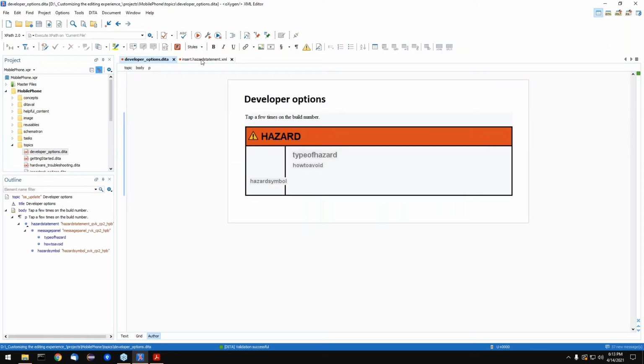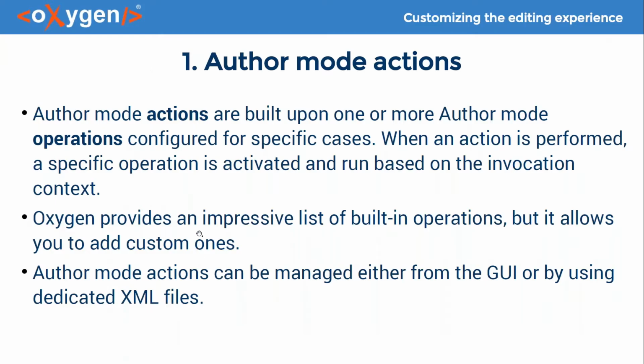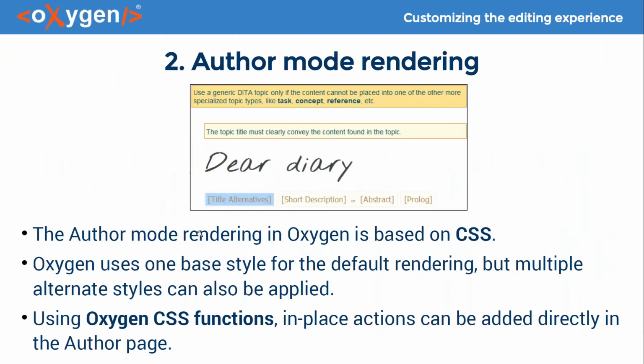Okay, so let's move on and let's now talk about how to customize the author mode rendering. Well, the author mode rendering in Oxygen is based on CSS.